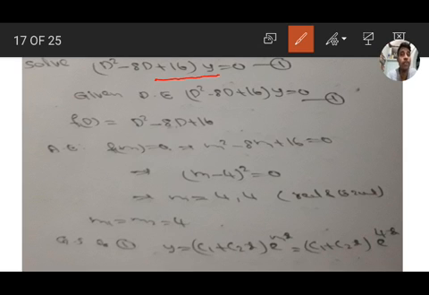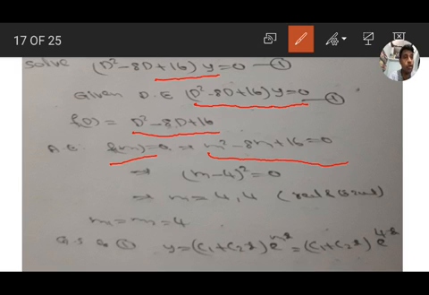The given differential equation is (D² - 8D + 16)y = 0, where f(D) = D² - 8D + 16. So the auxiliary equation f(m) = 0, that is m² - 8m + 16 = 0. It is of the form a² - 2ab + b², with 4² and 2 times 4.